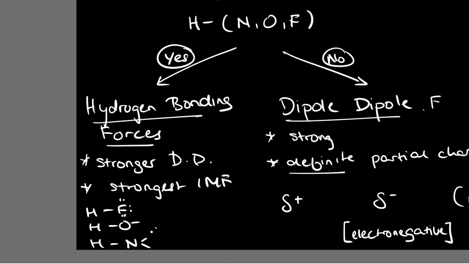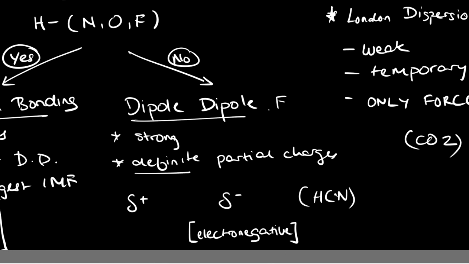So you can connect with other stuff. These molecules will have hydrogen bonding forces because hydrogen is specifically bonded to one of these three most electronegative elements. Here, in this example, HCN, although N and H are present, they're not bonded.